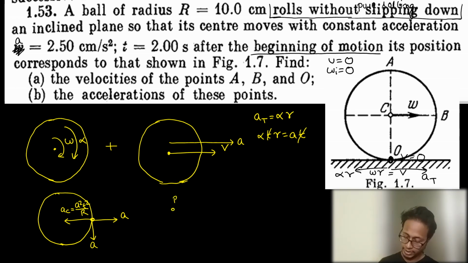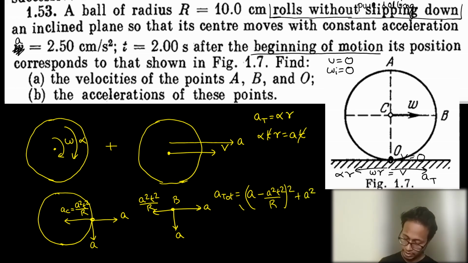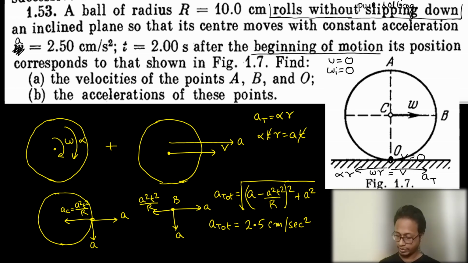So the total acceleration at point B would be the vector summation of all these 3 vectors. If we add them, a total would be equal to the square root of (a minus a square t square by r) whole square plus a square. I'm just finding the magnitude of these 3 vectors. If I substitute all the values here, I get around 2.5 centimeter per second square. Just substitute the value of a as 2.5 and t as 2.